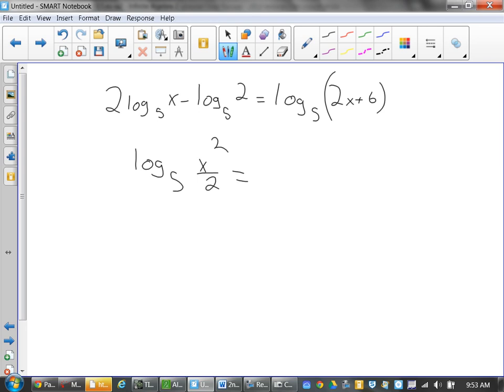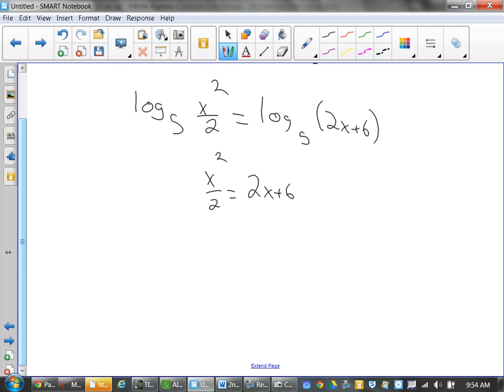Right, and that's going to equal the log base 5 of 2x plus 6. Can you get the over 2 in the first part? It says it's minus log base 5 of 2. Since I'm subtracting, it means I'm dividing by 2. So if you exponentiate both sides with 5, you're going to get x squared over 2 is 2x plus 6.